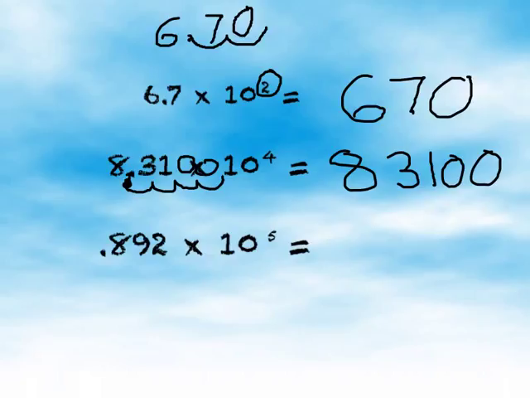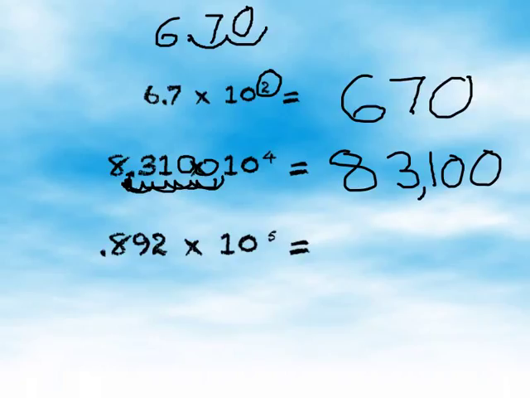So I have my decimal place at the end now, and my answer is 83,100. So since I moved over 4 places for 10 to the fourth power, 1, 2, 3, 4, I know that 8 and 31/100 times 10 to the 4th power equals 83,100.